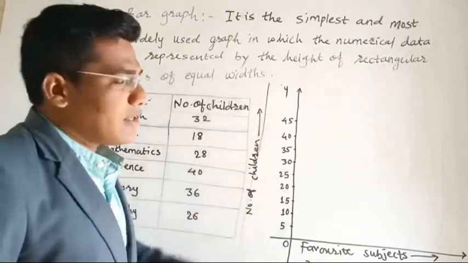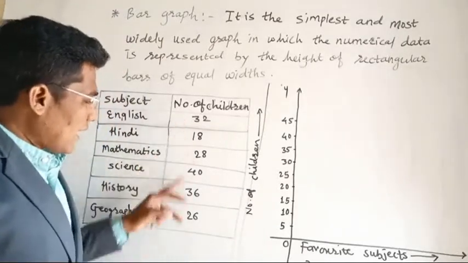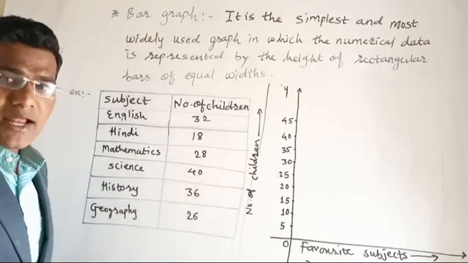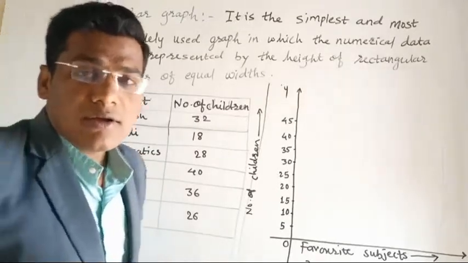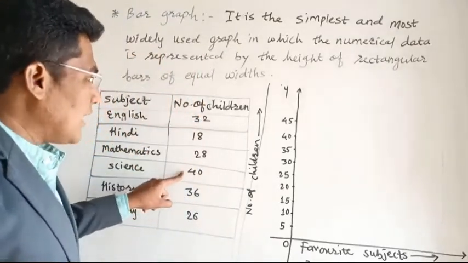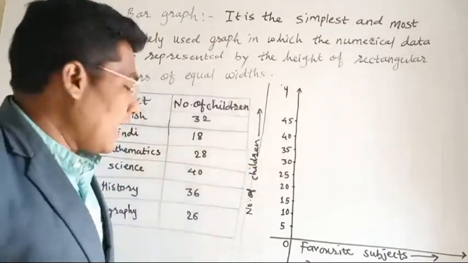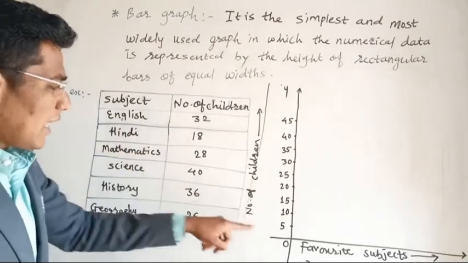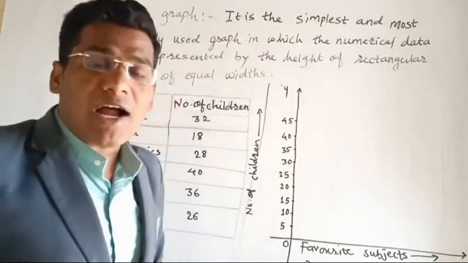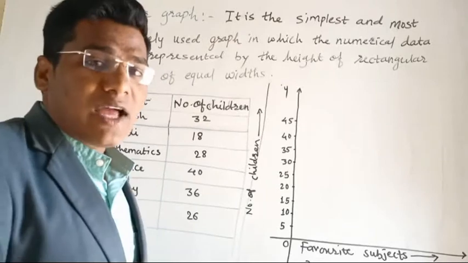While writing the numbers on the y-axis, we should not write them as they are. We have to see which is the biggest number, and write a bigger number than that. The biggest number in this observation is 40, so I wrote 45 as the biggest number on the axis, and the smallest number is 18, and I started from 5. As I started from 5, I will count the table of 5, or add 5 plus 5 plus 5 plus 5.